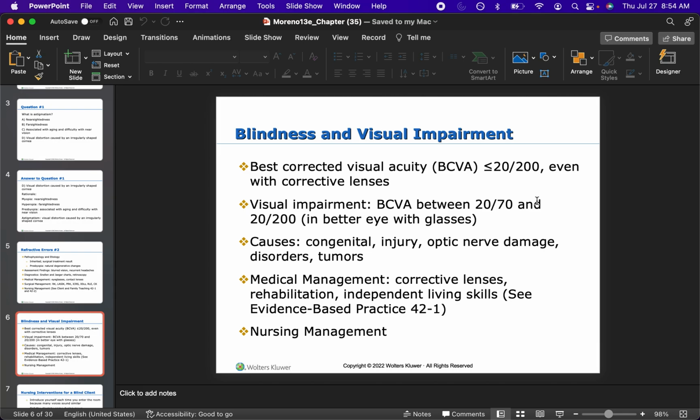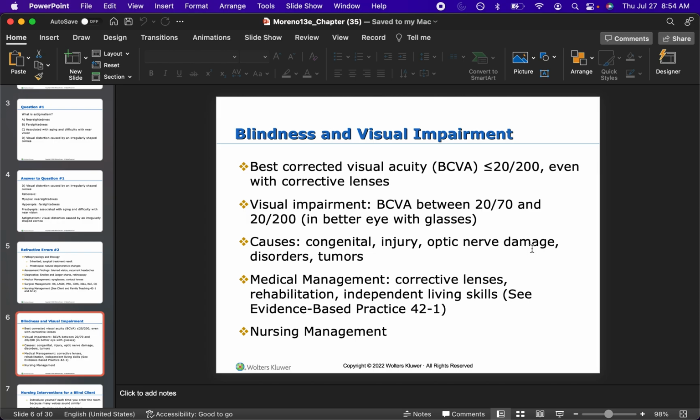All right. So blindness and visual impairment. This goes over what is considered visual impairment and some causes. Like I said, you could be born with it, you can have an injury, you can have some type of nerve damage or a tumor pressing up on the optic nerve. And usually corrective lenses, or they even do rehab.